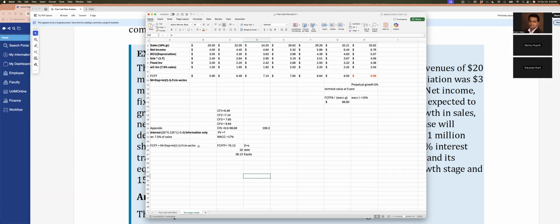You make a nice report using your midterm project and these free cash flow models. By the end of the class, you should be able to give a presentation and value your firm easily. I know it looks complex, but I'll make it simple.